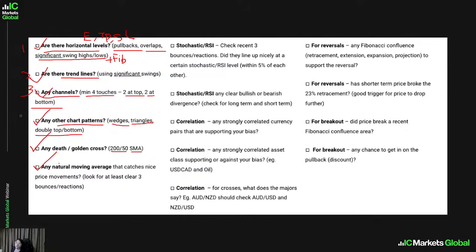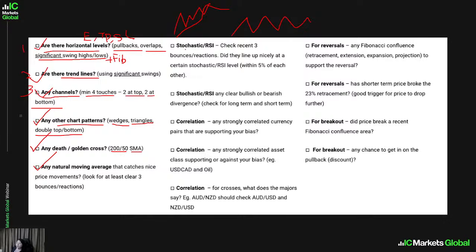Many people ask me in webinars how to do it. You need to tweak the settings of the moving average to flow with the current price. If the moving average is constantly chopping where price is, the settings are not working nicely. But if the moving average is flowing nicely with the support and resistance of where price is, you know the settings are solid, and that is something you can consider using.